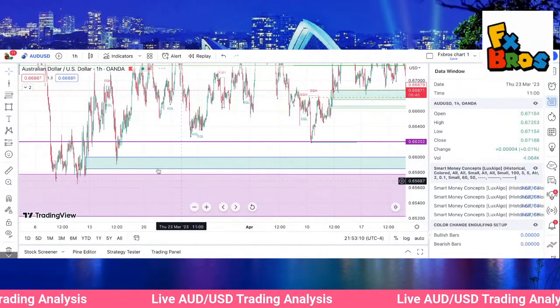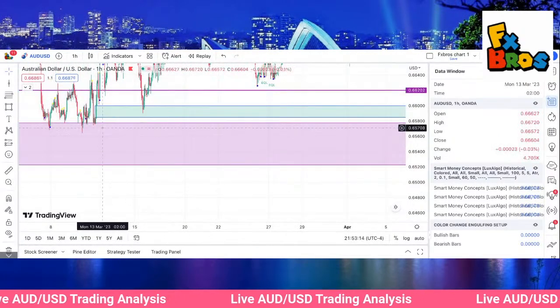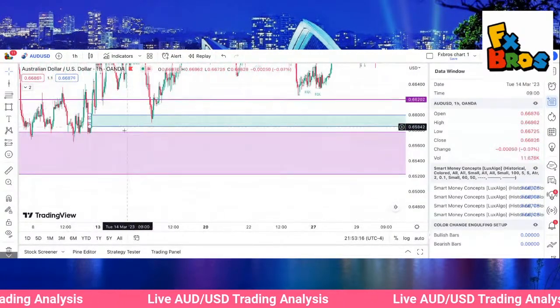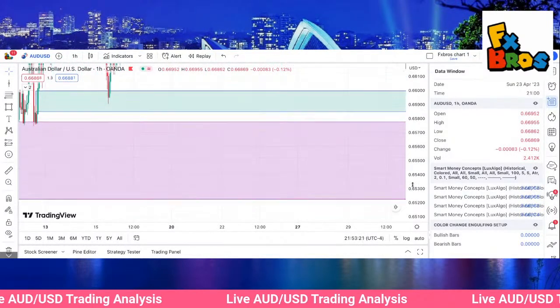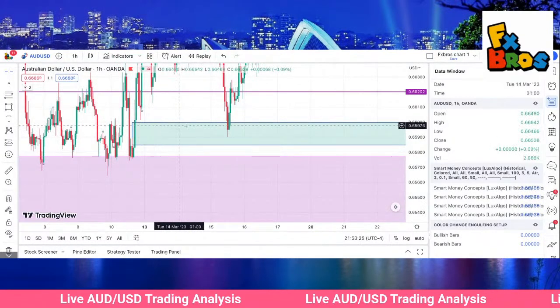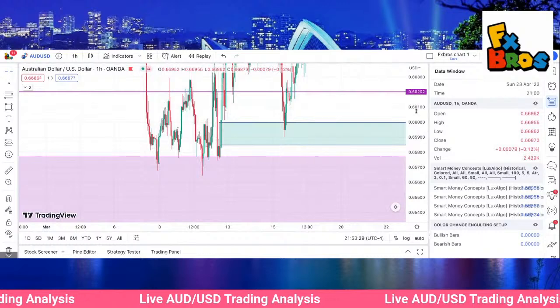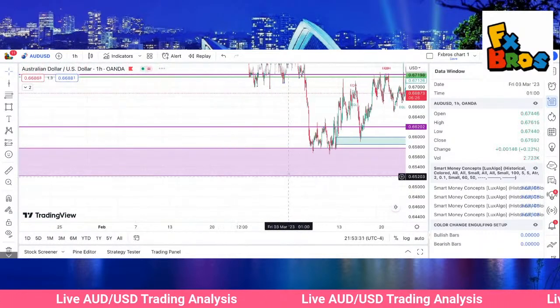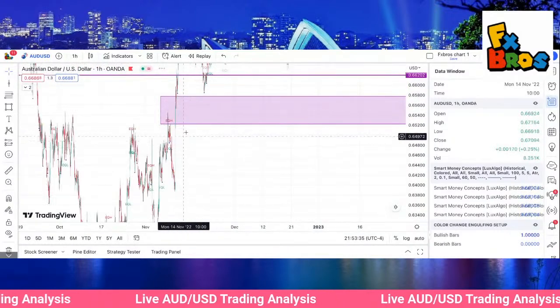And then if I look at here, up down here. And this purple, I think that was like the 4 hour. I think so.